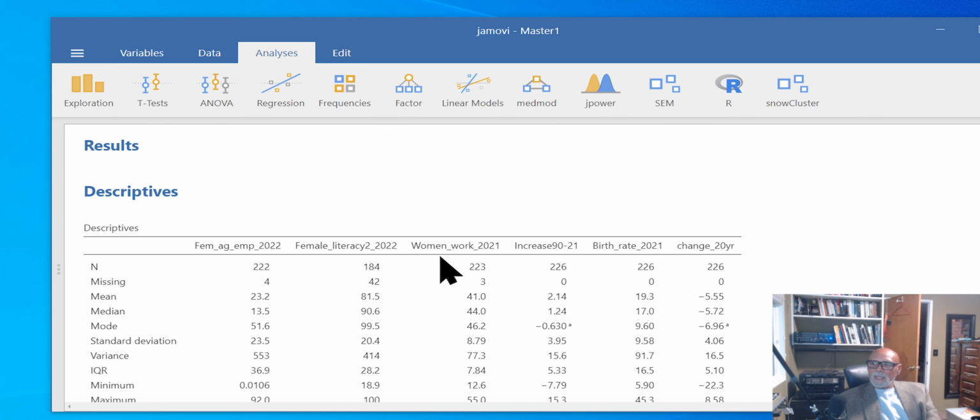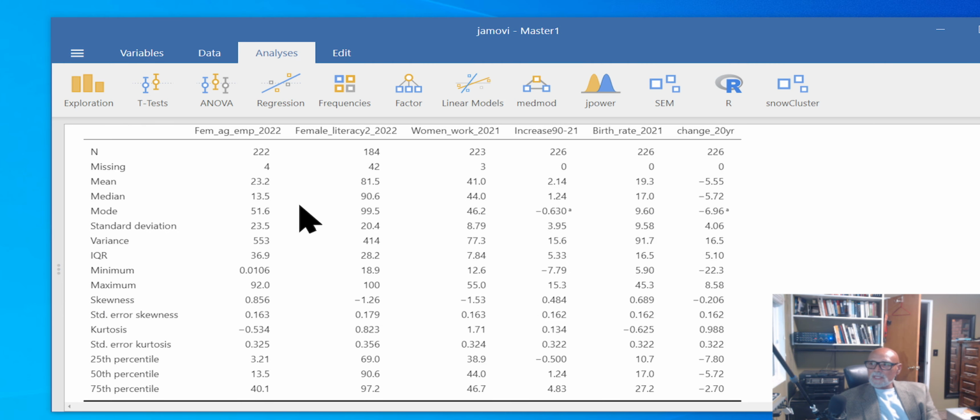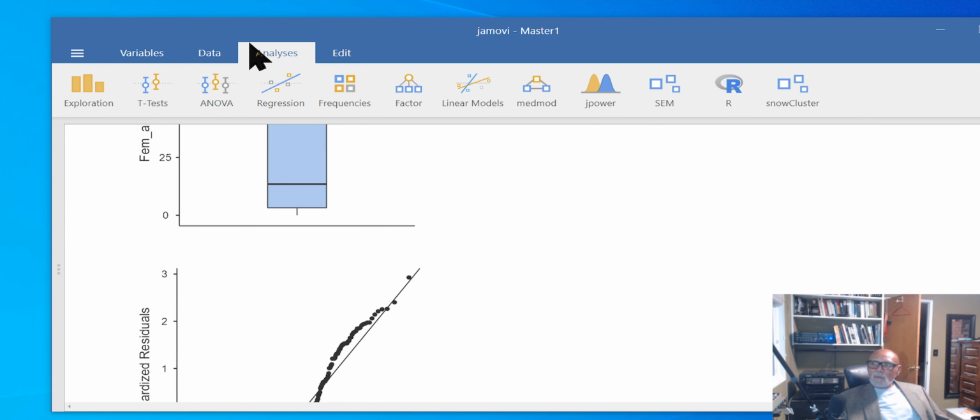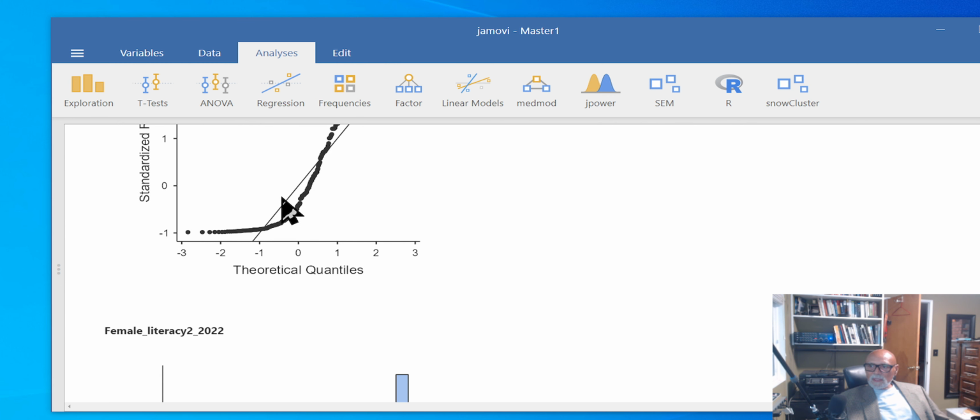One of these changes, the increase, is the increase in the number of women in the workforce. So you can see the labels on your worksheet. Hopefully this will give you a hand to work through the Jamovi part of this, and then we'll ask you to provide your interpretation.